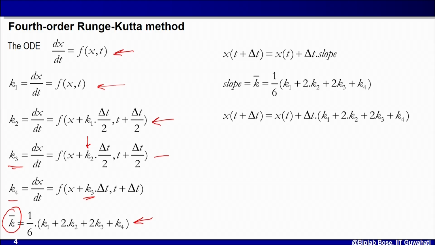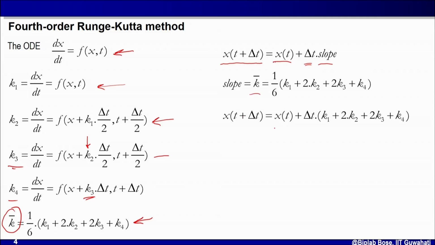In general, as we have learned in case of Euler's method, x at a new time point, that is x at t plus delta t, is equal to x at the older time point, that is x at time t, plus the increment in time delta t into slope. Here we will use the average slope k bar.